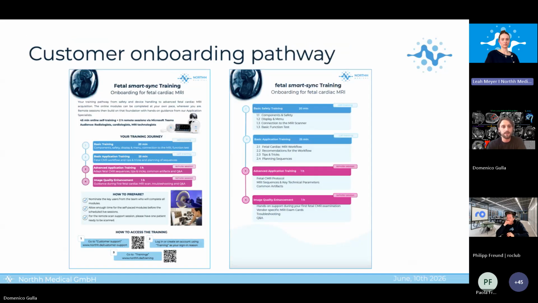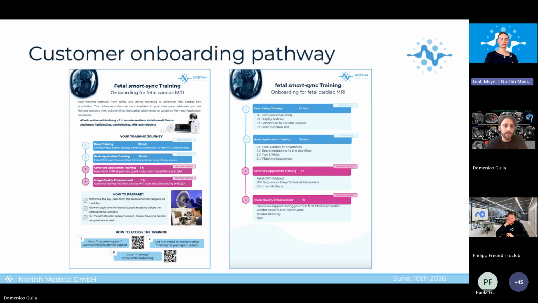And here I show our PDF for our customer onboarding pathway. This is the PDF that we also send with our SmartSync box when we ship the device to a new customer.